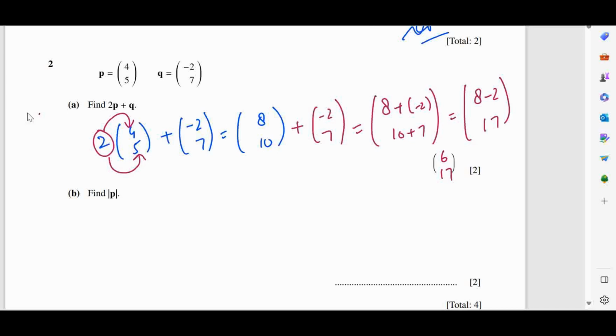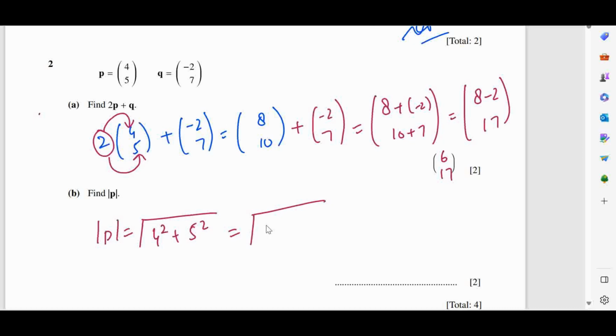Next question is, again we can see that this is the symbol of magnitude. So we can use the coordinates of p. So the magnitude of p will be equal to, no need to write the formula again and again. In the previous question I just wrote the formula to remind you that the formula for magnitude is the square root of x square plus y square. So here we can see x coordinate is 4 and y coordinate is 5.